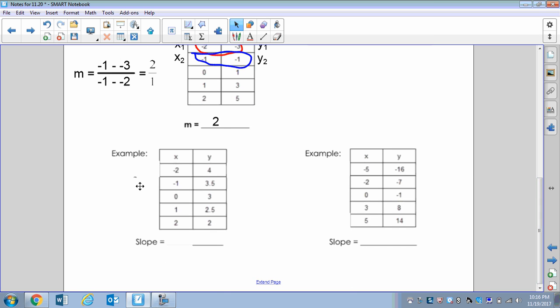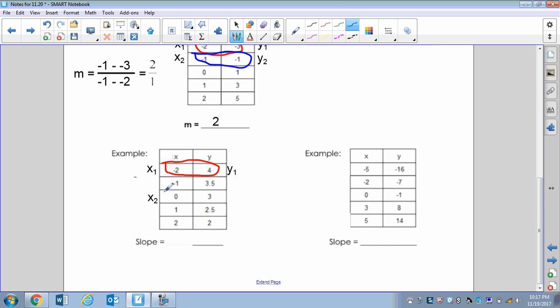So let's look here. Again, I start with my x and y. And it doesn't actually matter which ones we choose here, but I get an x1 and a y1. And then I chose, if you notice, I skip one here.